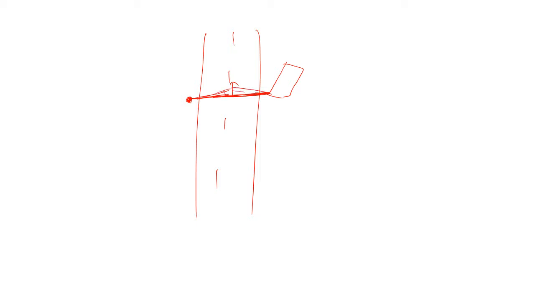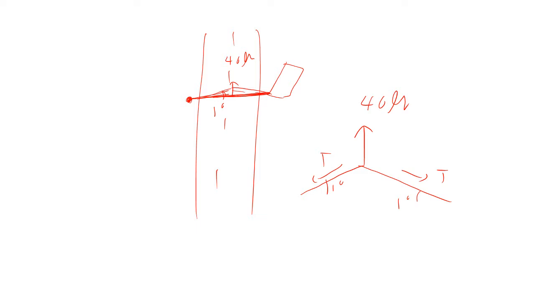So let's say it takes a force of 40 pounds to pull this at an angle of 1 degree. If you look at the free body diagram, if this is 1 degree, 1 degree, you're pulling here with a force of 40 pounds. Tension's pulling like that, tension's pulling like that.